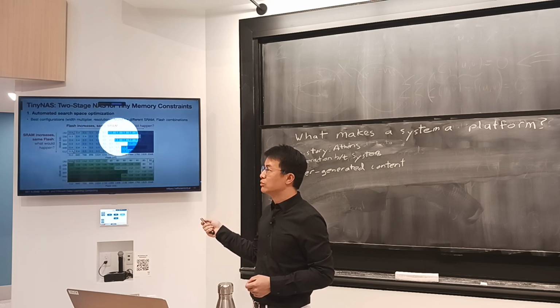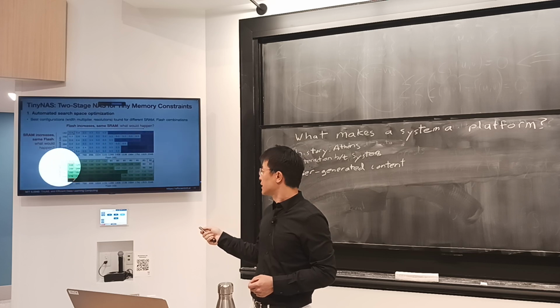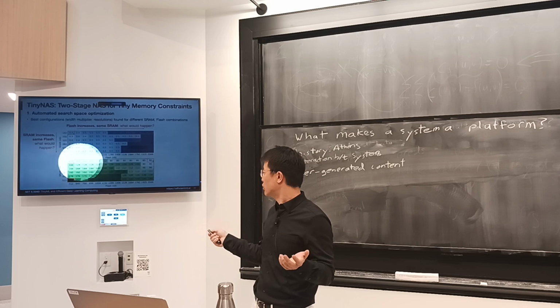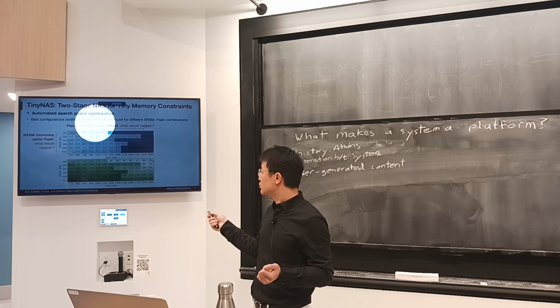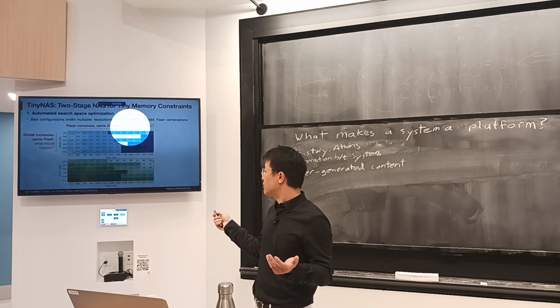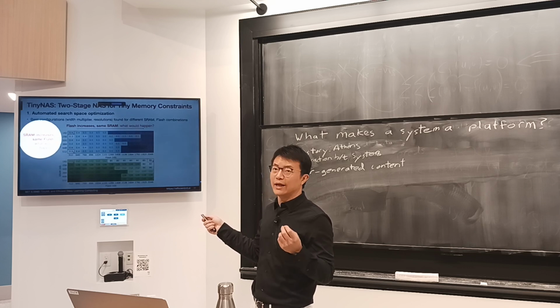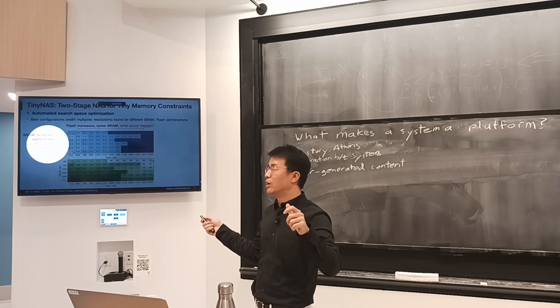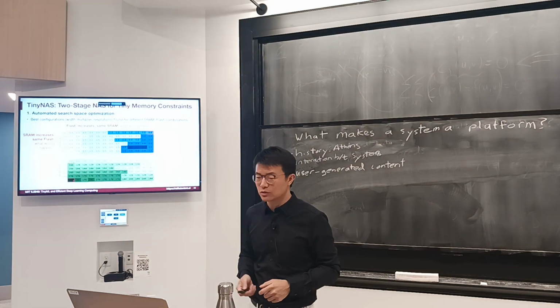The first blue figure is for the width multiplier from 0.4 to 0.9, and the second image is showing the resolution. Some of them are 112, some of them are 208. So when the flash increases, same as RAM, what happens to the width multiplier? And the other question is, when SRAM increases, you have more SRAM in your microcontroller, with the same amount of flash, what happens to the width multiplier and what happens to the resolution?